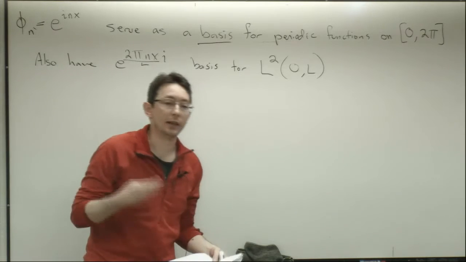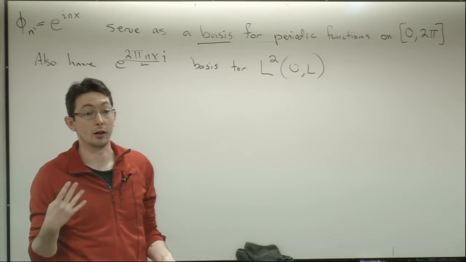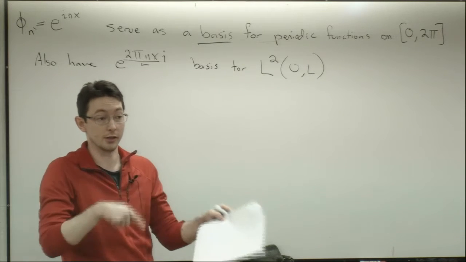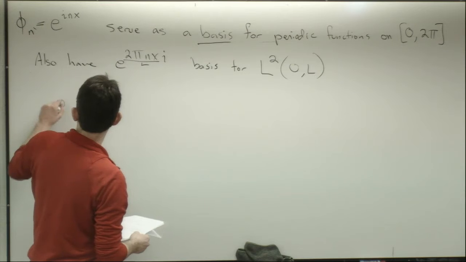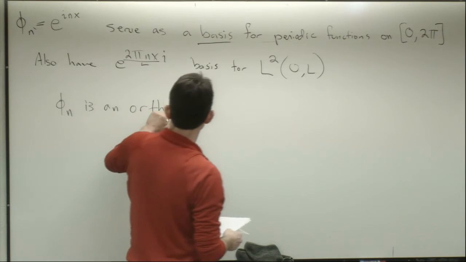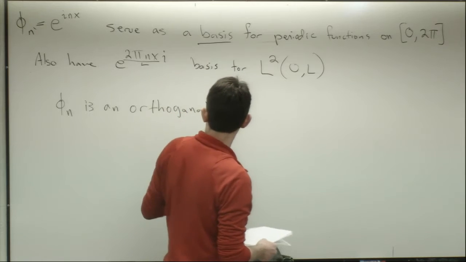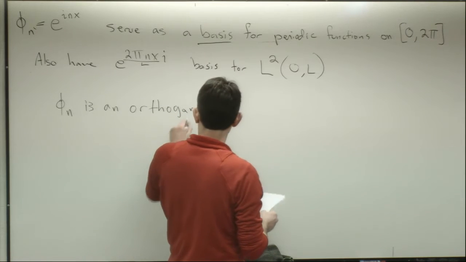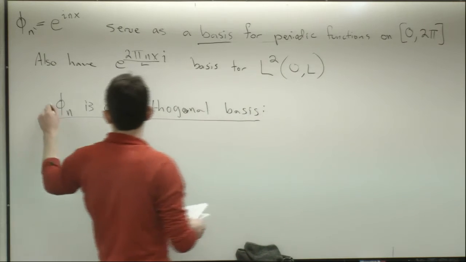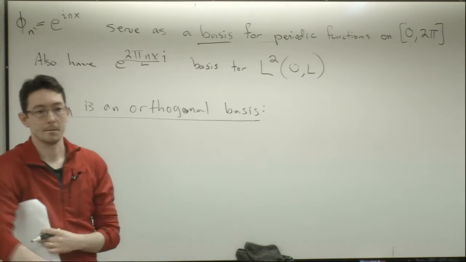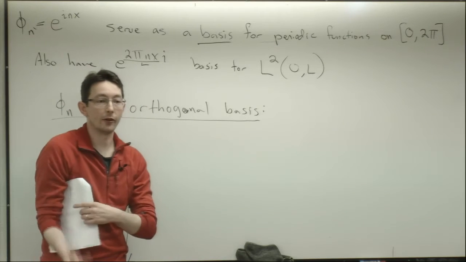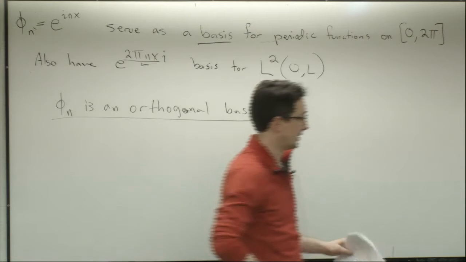I want to show you that these phi of n serve as an orthogonal basis. They're not just a basis, but they're actually orthogonal to each other. So what does it mean for a basis to be orthogonal? What does it mean for x, y, and z to be an orthogonal basis?